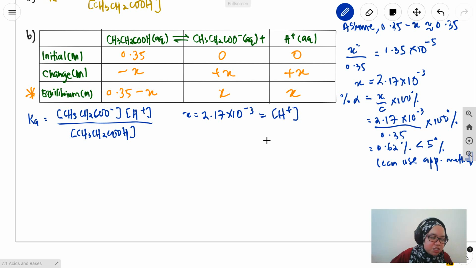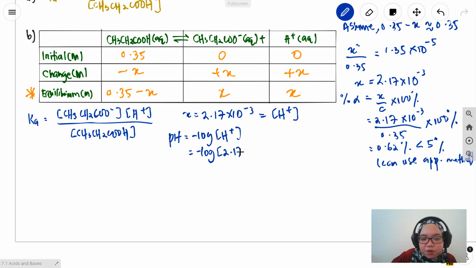So, can we find pH now? Yes, we can find pH. So, pH is actually equals to negative log H plus. So, we will get negative log 2.17 times 10 negative 3. So, we will get pH is equals to 2.66.